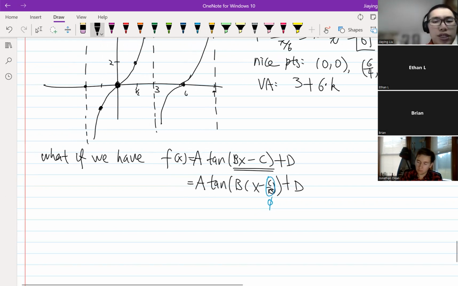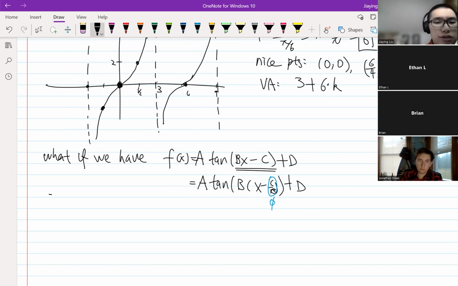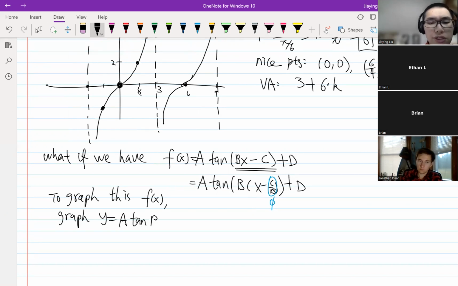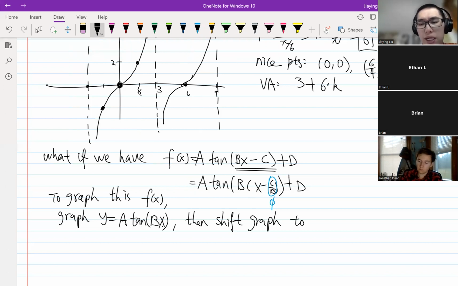So the general strategy to graph this function f of x is to graph y equals a tangent of bx first, and then shift the graph to the right by phi and shift up by d.